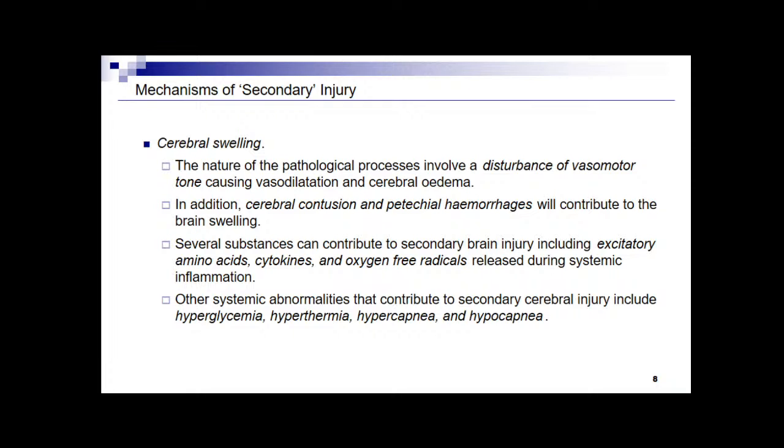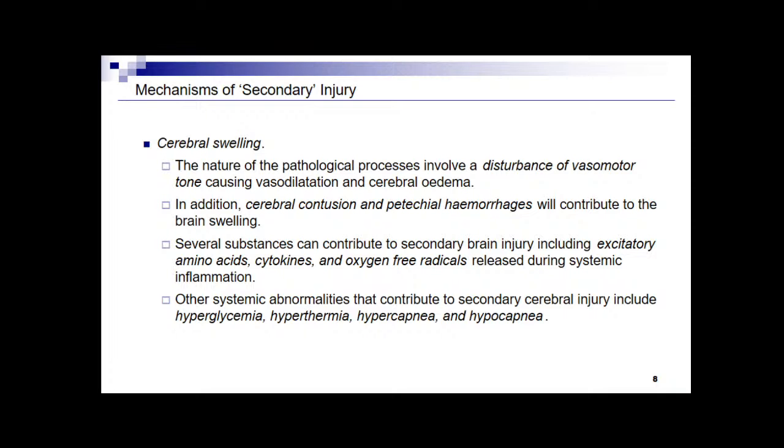The nature of the pathological process involves a disturbance of vasomotor tone, causing vasodilation and cerebral edema. In addition, cerebral contusion and petechial hemorrhages will contribute to the brain swelling.